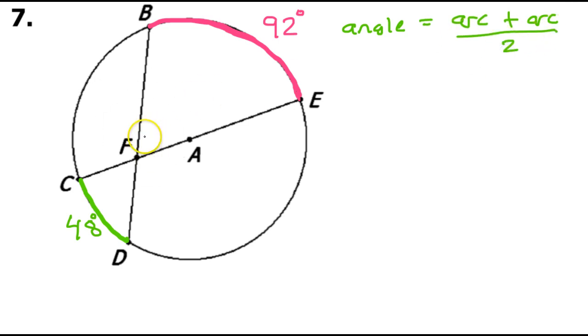Now, the angle is right here, so I'm going to just call that x for a minute. Because that's the one thing I don't know. So that means x is equal to, now these are the two arcs that are inside that angle. So 92 plus 48 divided by 2.